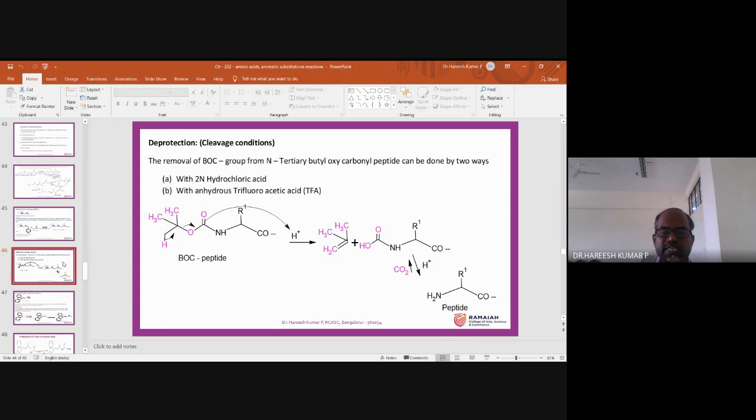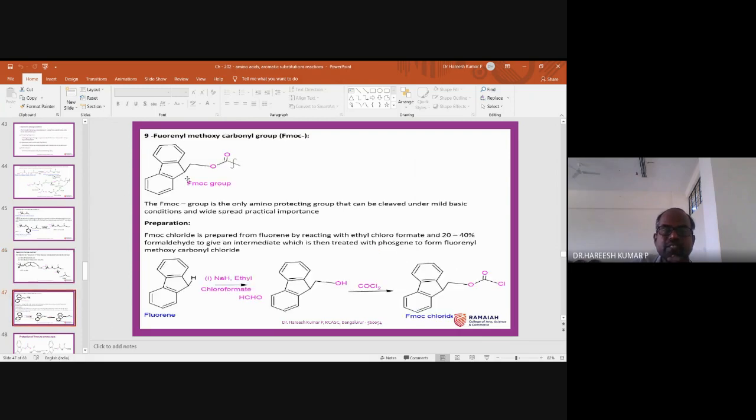But one more method is there, that's called Fmoc. Okay, Fmoc means fluorenylmethoxycarbonyl group. You can observe that this is one benzene, this is a 5-membered ring, this is another benzene. This group is called fluorene group.